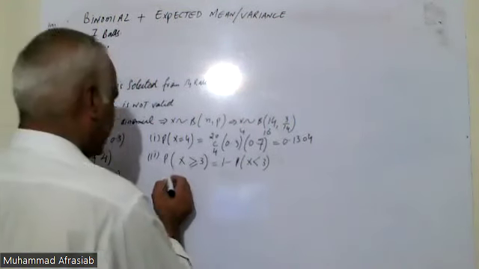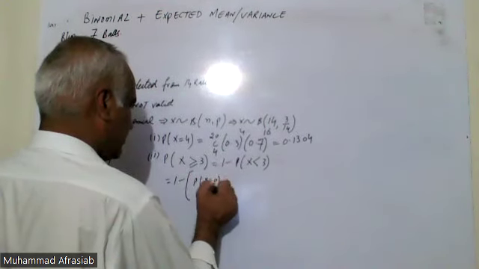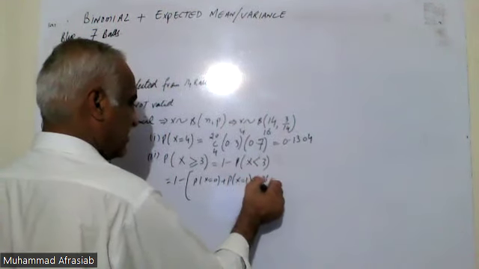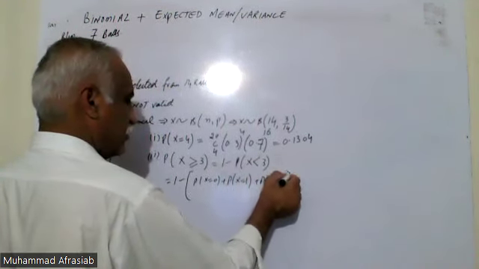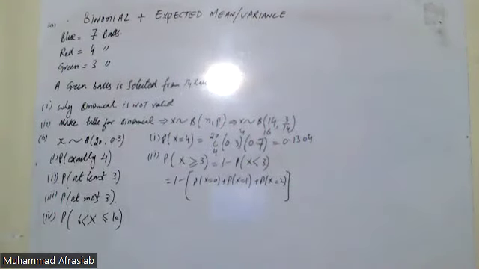So it should be equivalent to 1 minus the probability of X equal to 0 plus the probability of X equal to 1 plus the probability of X equal to 2, because at least 3 is mentioned, so 3 will not be a part of this answer.